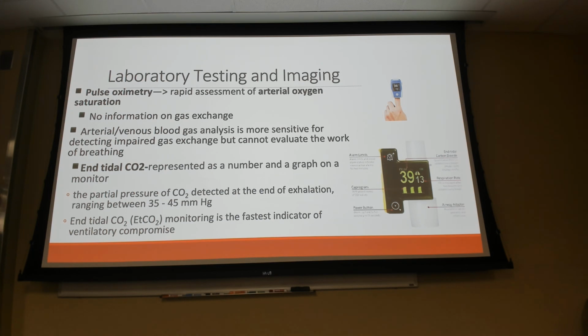Okay, so great. Then we have end-tidal CO2. Have y'all seen the end-tidal CO2 monitors? Where'd you guys see them? In pulmonary medicine, they showed it to you? Okay, well, this is what an end-tidal CO2 looks like, there's all kinds.